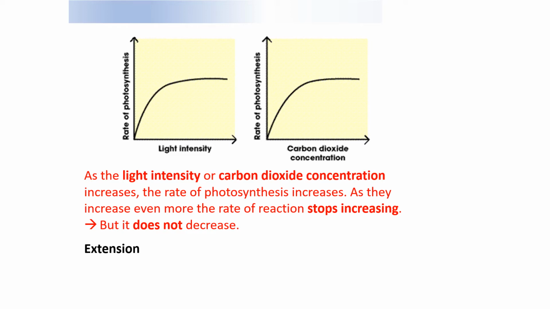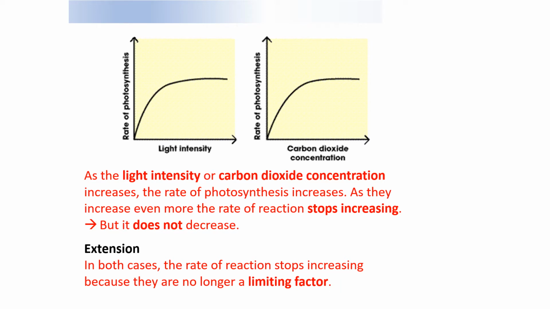Because light intensity and carbon dioxide are not a limiting factor afterwards. The limiting factor could be temperature, or the amount of chlorophyll. In both cases, the rate of photosynthesis stops increasing because they are no longer a limiting factor.